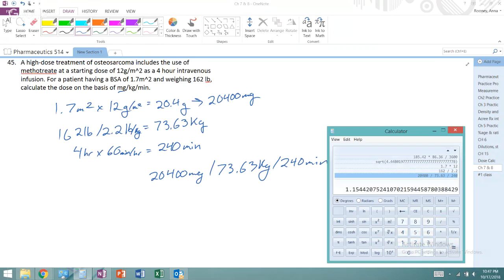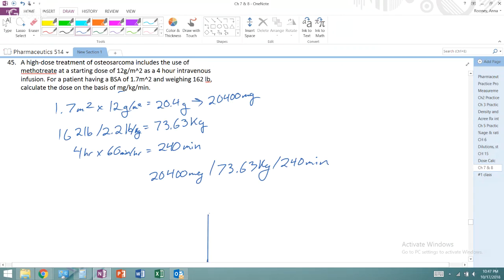And we find that is 1.1544. What just happened? All right, 1.1544 milligrams per kilogram per minute.